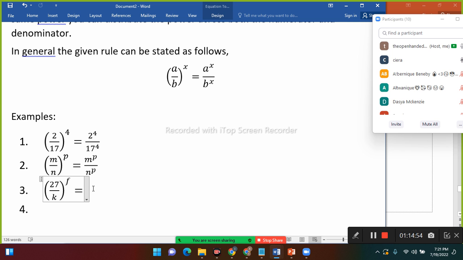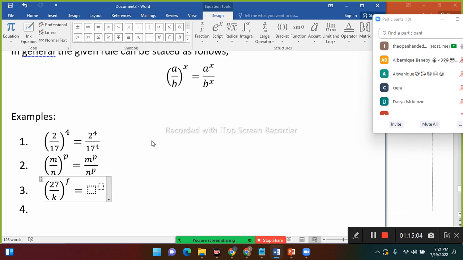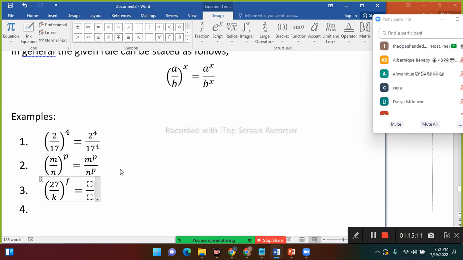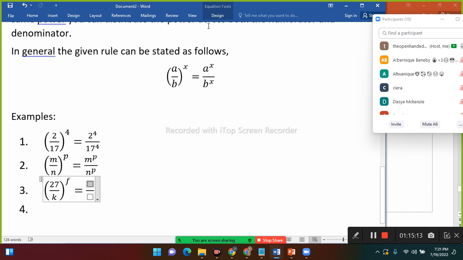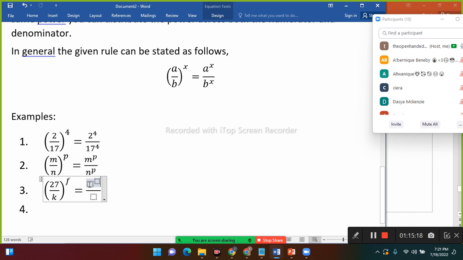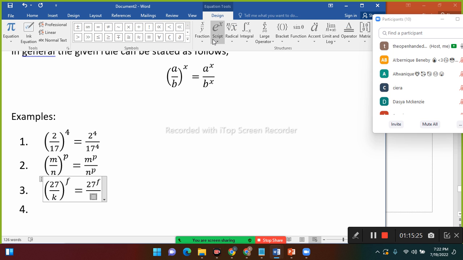Okay, that'd be 27 to the power of f over k to the power of f. Excellent. So it would be 27 to the power of f all over k to the power of f.